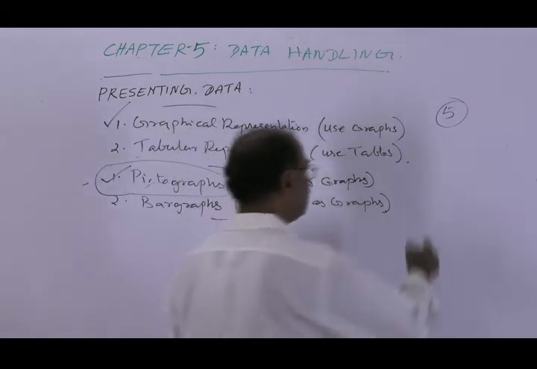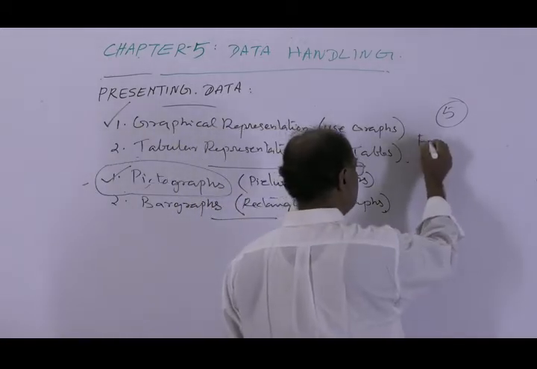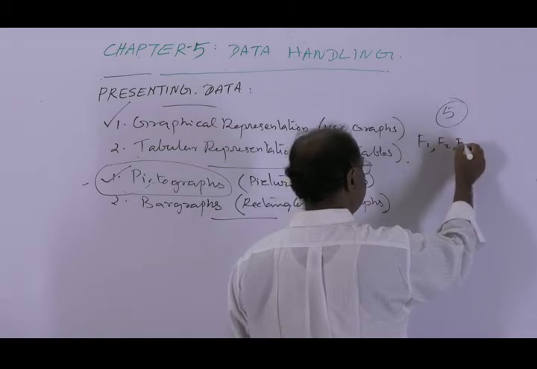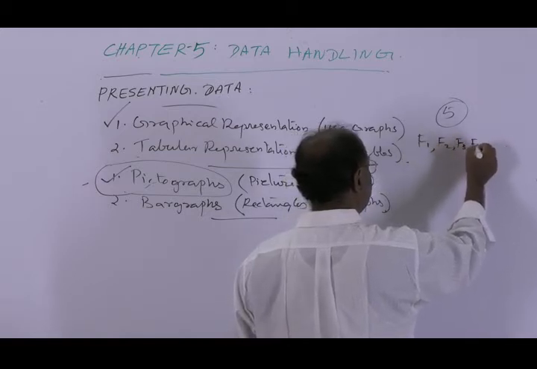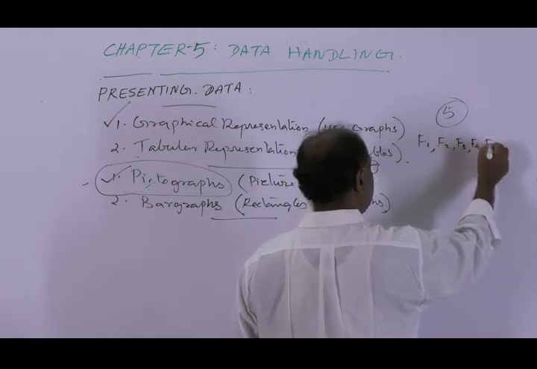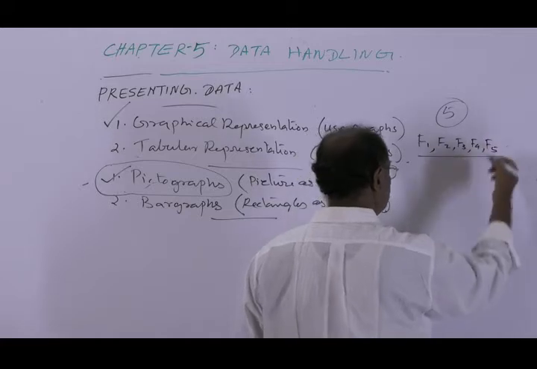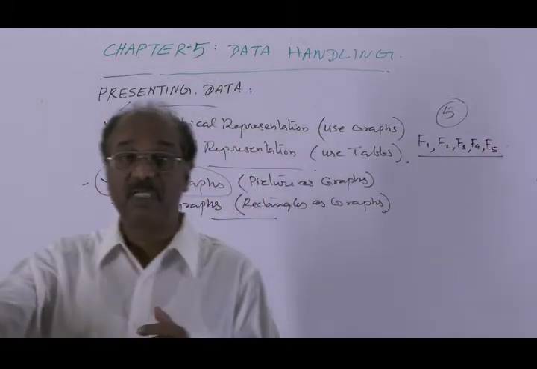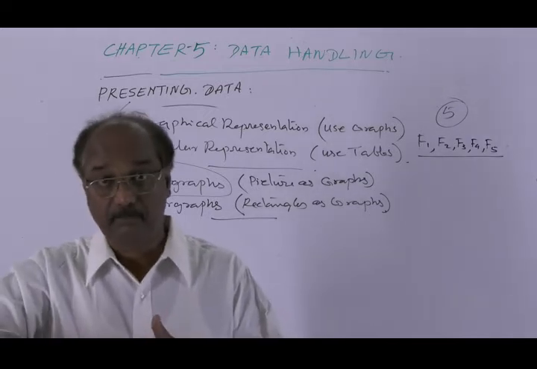Suppose these families are denoted by F1, first family, F2, F3, F4, and F5.